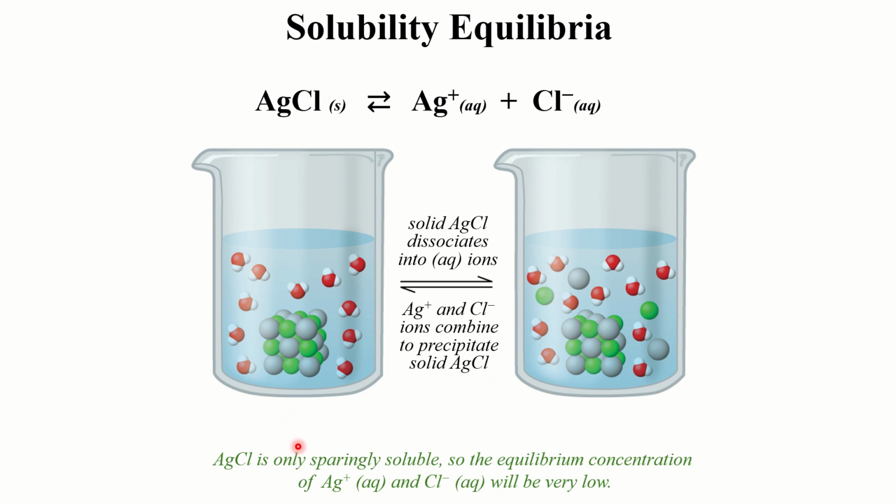So because AgCl is only sparingly soluble, the equilibrium concentrations of the Ag+ and the Cl- will both be very low. Since this is an equilibrium reaction, we can write an equilibrium constant. These are referred to as KSP. These are called solubility product constants, which is what the SP stands for.